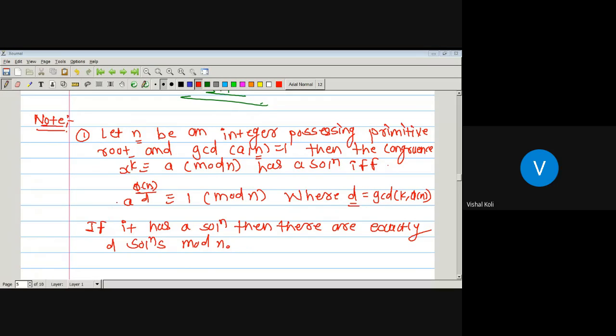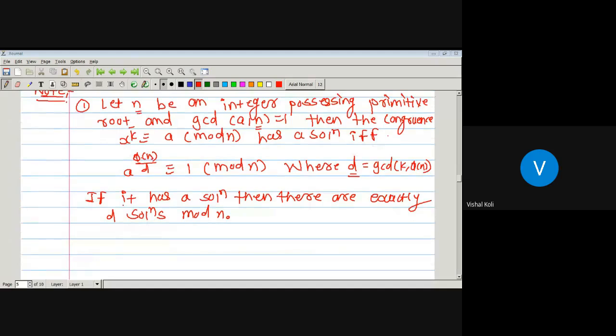Okay, now suppose instead of n, we take p to be any prime which has a primitive root.